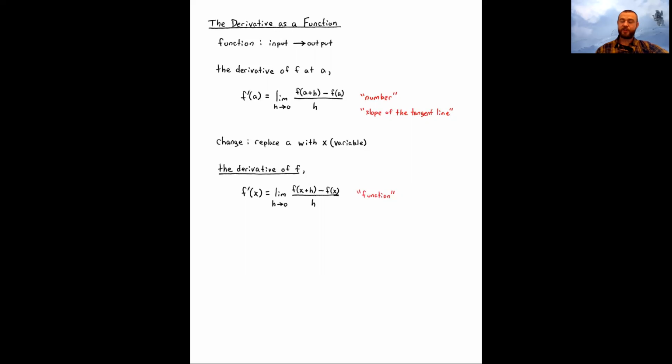So the big change is earlier f prime of a, the derivative of f at a, was a number representing the slope of the tangent line. Now this new quantity that we're calling the derivative of f, the derivative of a function, is itself a function. f prime of x is not generally a number, but it is a function.